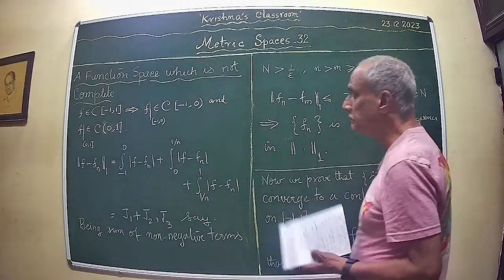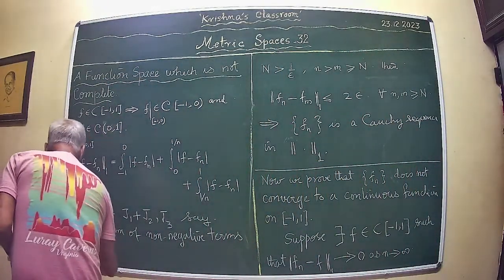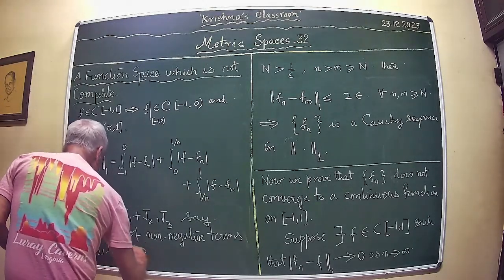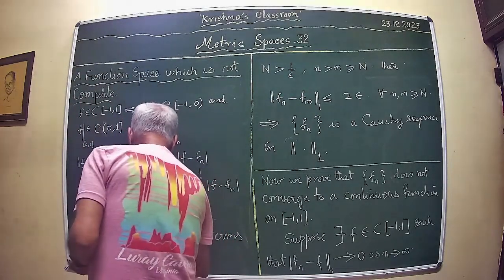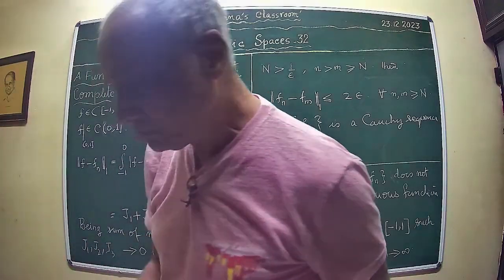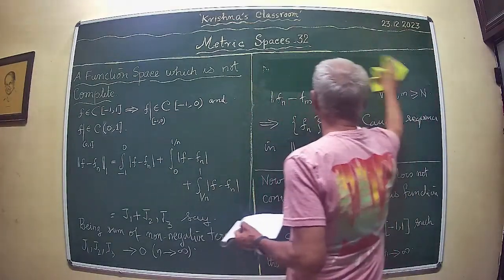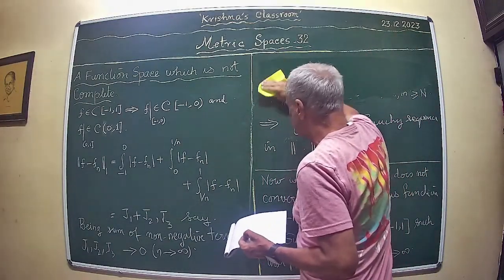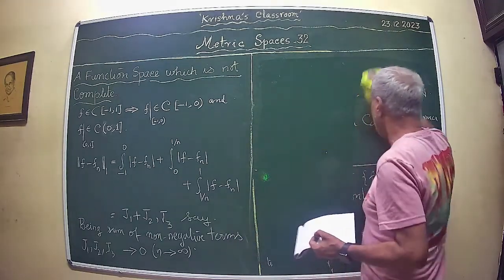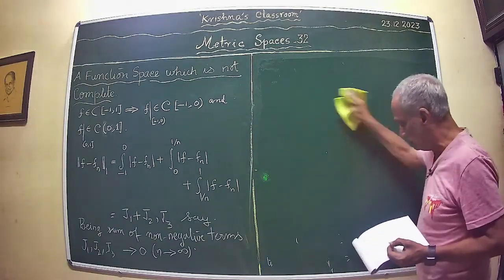So each of these terms is non-negative. J1, J2, J3, each of those should go to 0, as that is the observation that we shall use. Now you observe that Fn is equal to 0 on minus 1 to 0.